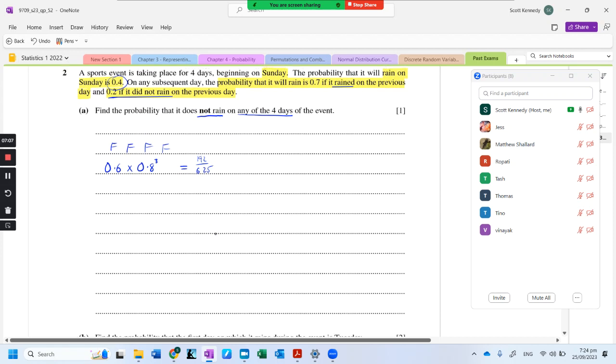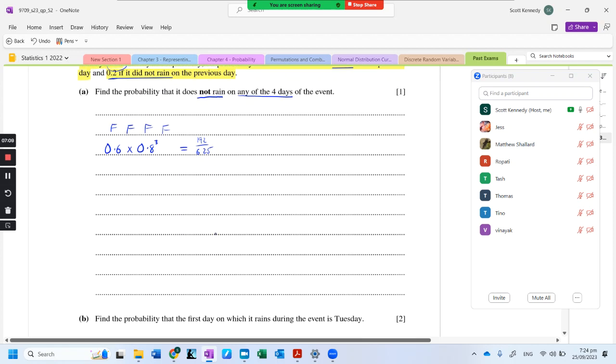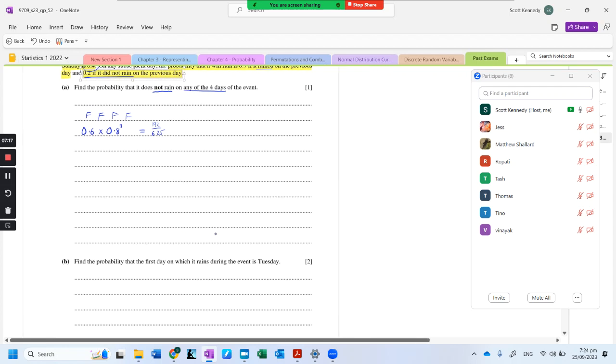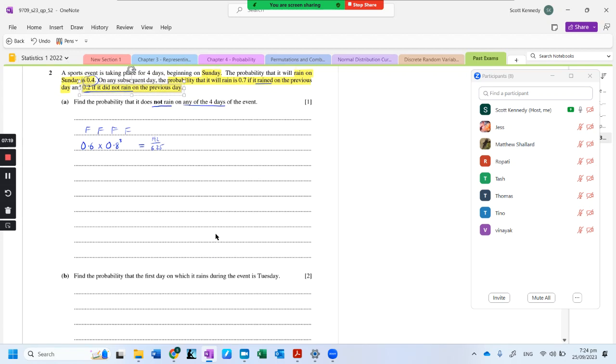Okay, and then the next one: find the probability that the first day on which it rains during the event is Tuesday. So we started off on Sunday. So we want Sunday, Monday, Tuesday: fine, fine, rain. Again, fine on the first day is 0.6.